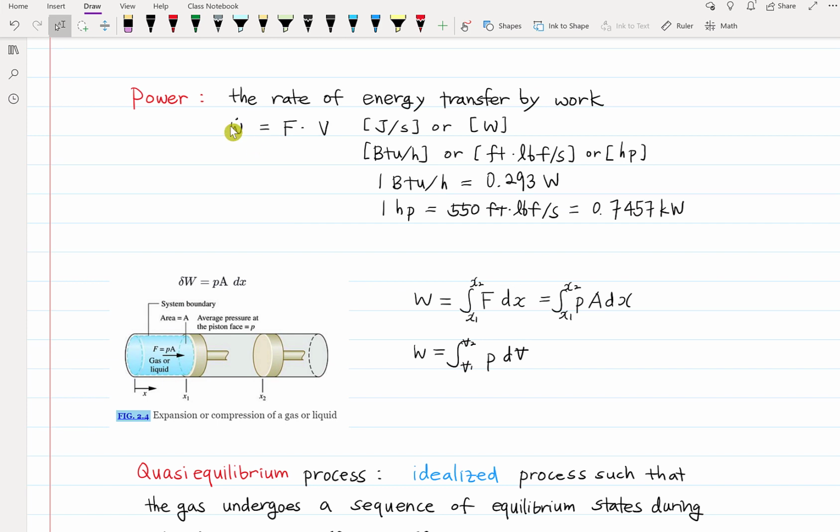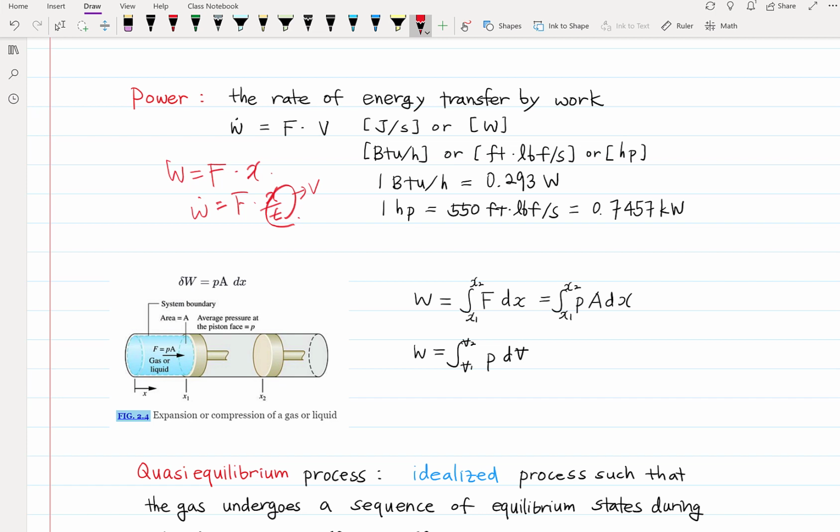The energy transfer is often expressed in time rate form. The rate of energy transfer by work is called power. We use the symbol W dot, which is force F times velocity V. Work is force times distance, but this is the rate form, so distance x divided by time, which is velocity.